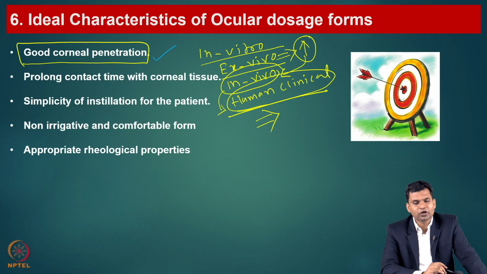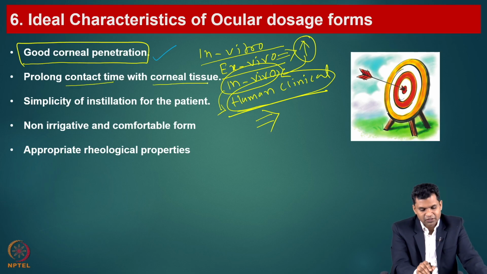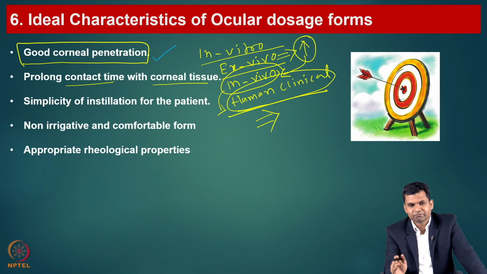So, good corneal penetration, that study needs to be performed for all types of dosage forms, and then prolonged contact time with the corneal tissue. So, here we need to select such excipients, and we need to maintain the viscosity, so that your dosage form can have longer residence time with the corneal tissues.